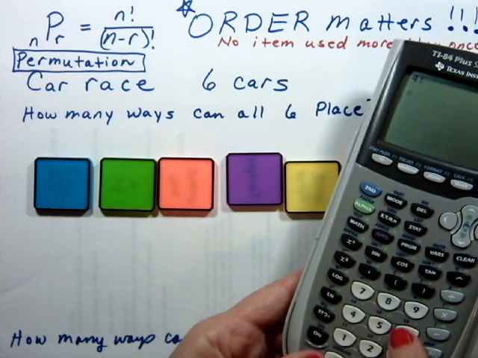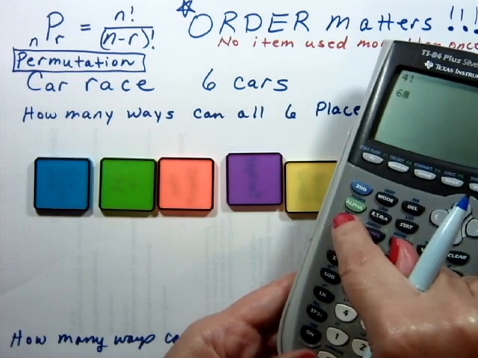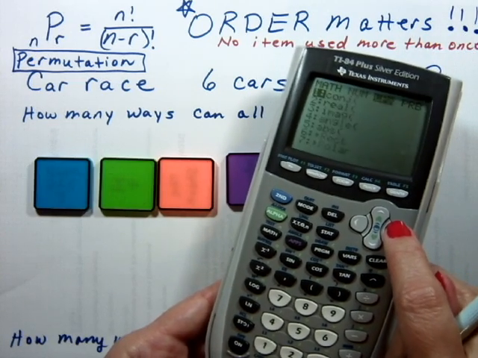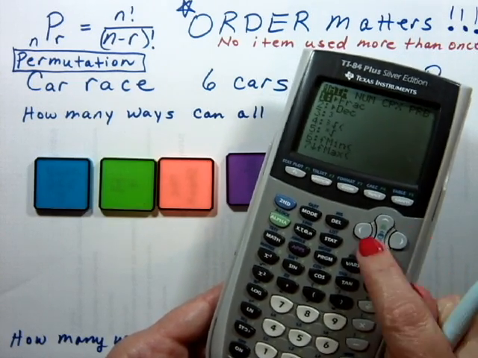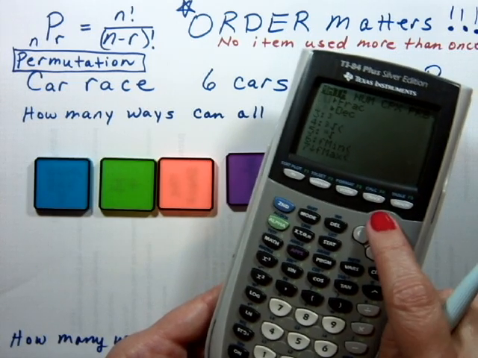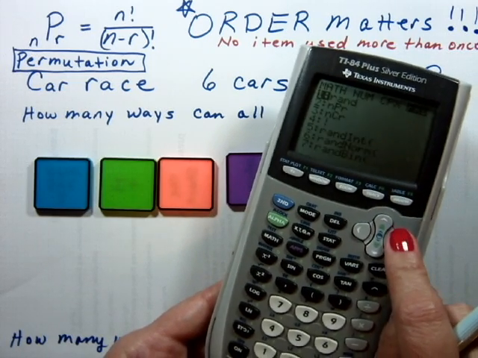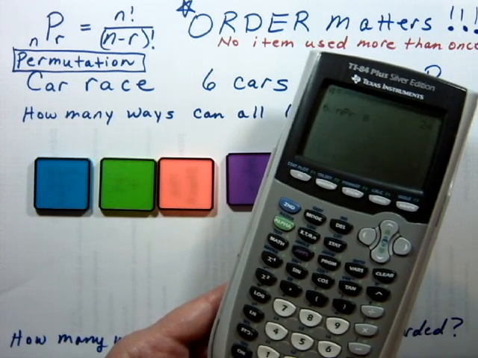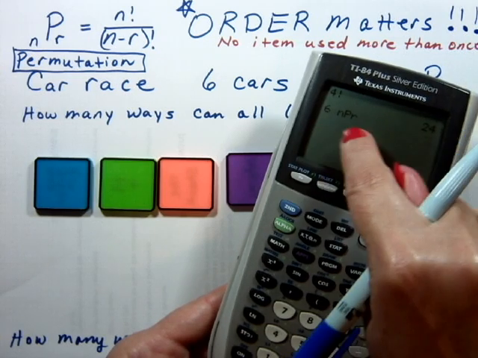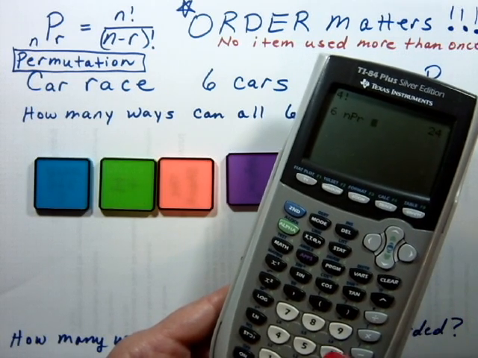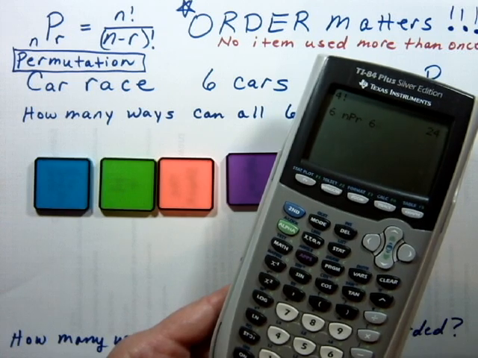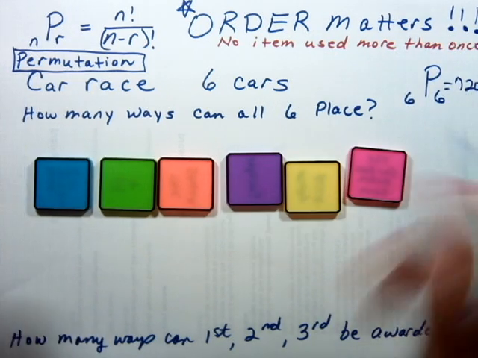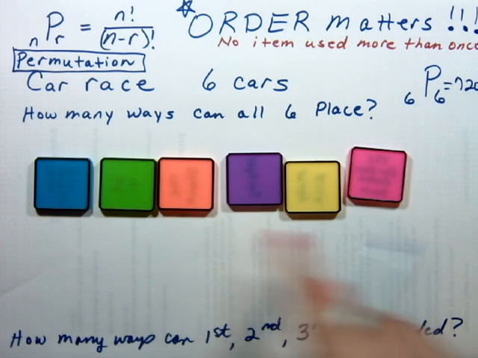I would say 6, then get permutation by going to math, over to probability, and down to permutation, the second thing, and hit enter. Now I want 6 cars finishing together. That would be 720. There are 720 different ways that these cars can finish.